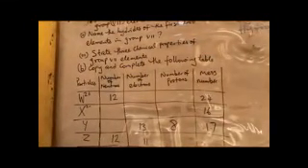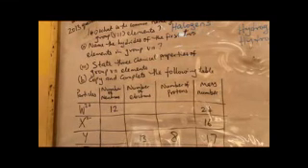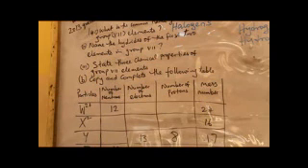Then the next question is, give 3 chemical properties of group 7 elements. Number 1 chemical property is that they react with alkalis to form salts.